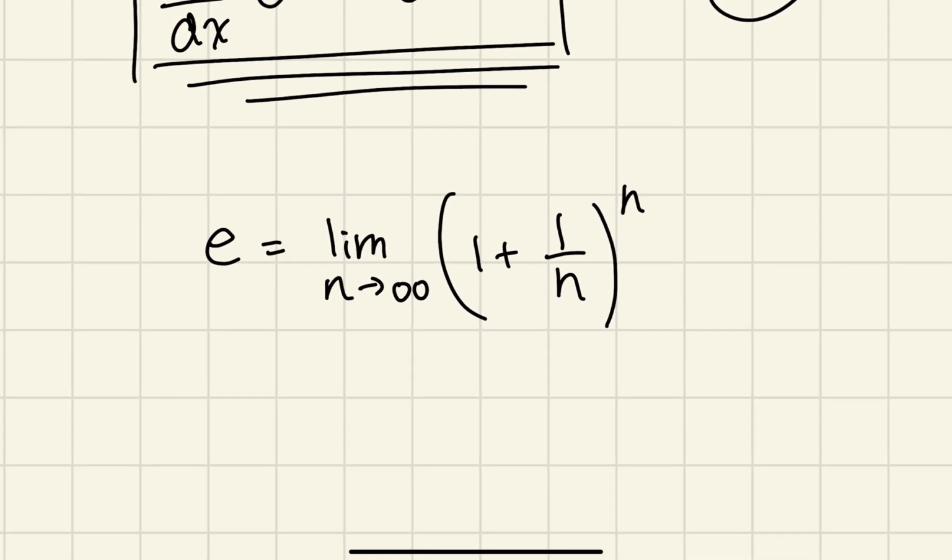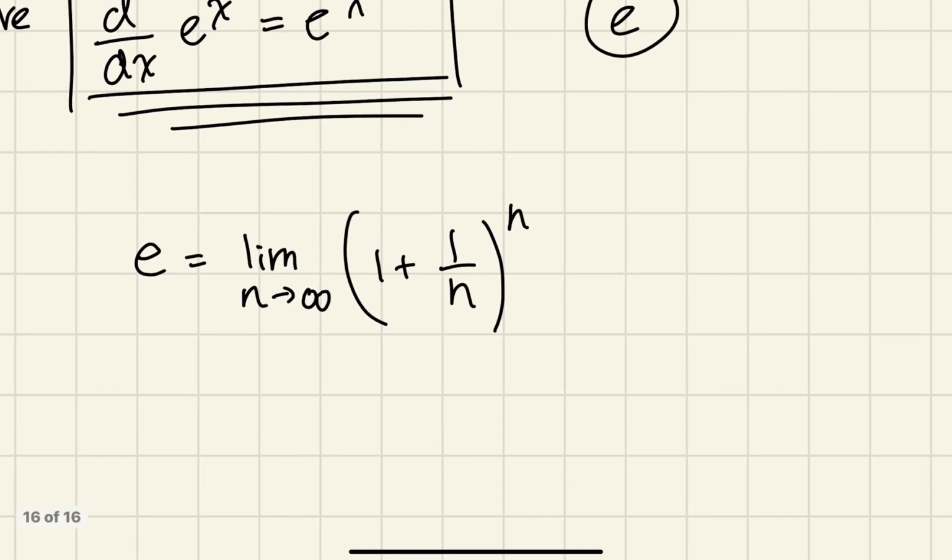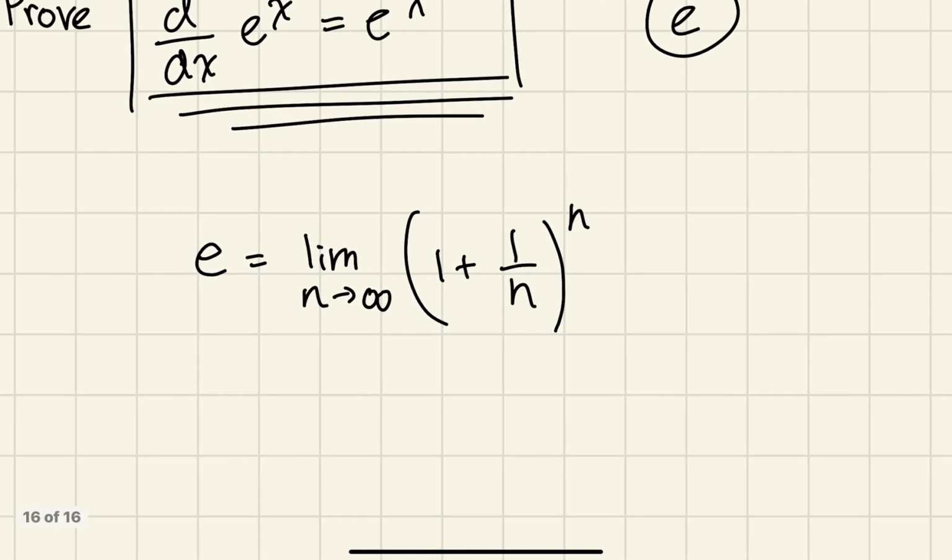So basically, the limit is just as this function approaches infinity. So in this function, as n approaches infinity, we get this number e, right?